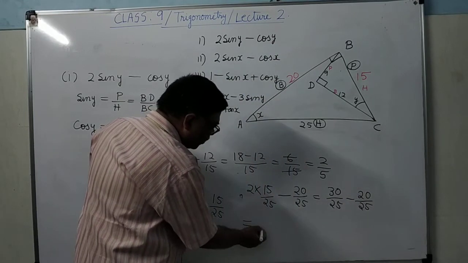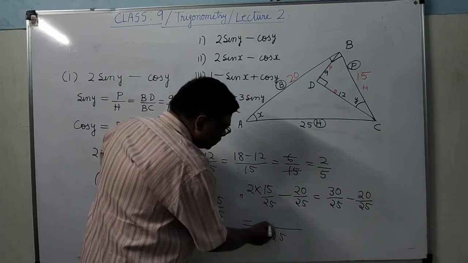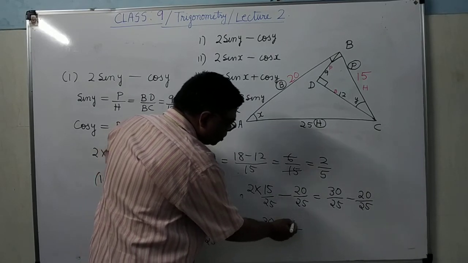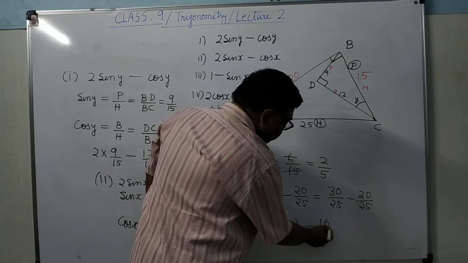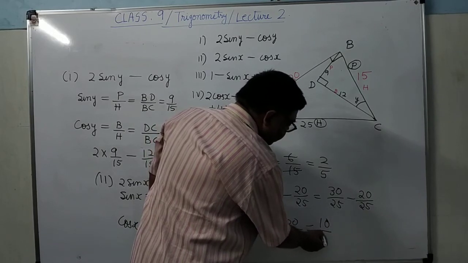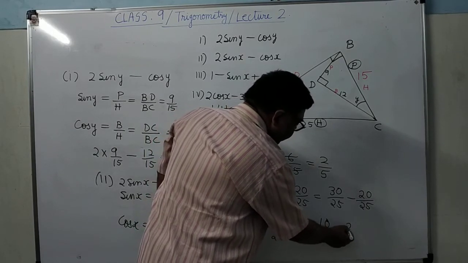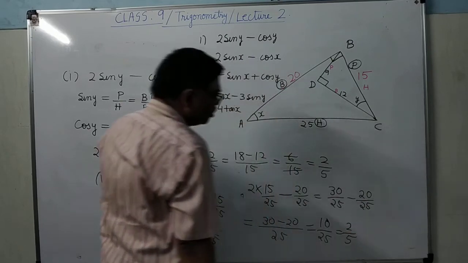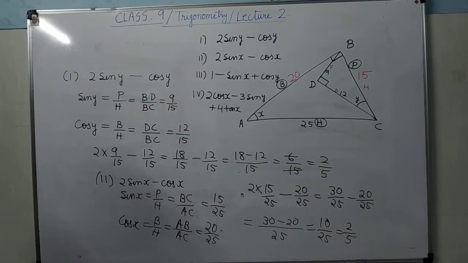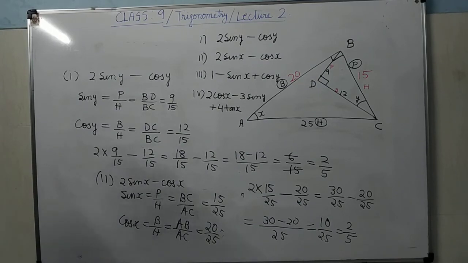So you simplify, 25 is LCM, that is 10 upon 25. That is 5 twos are 10, 5 fives are 25. This is 2 upon 5. It's clear.